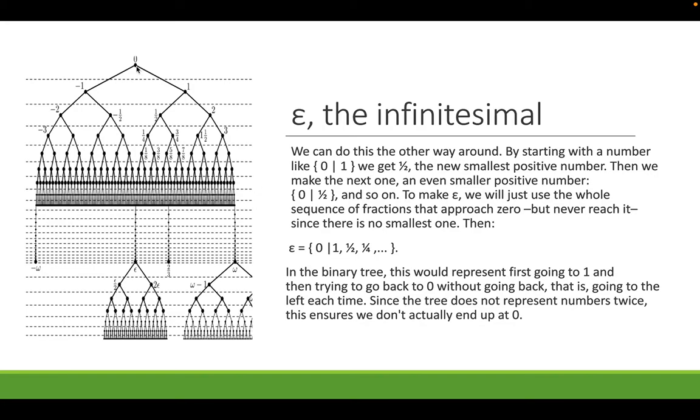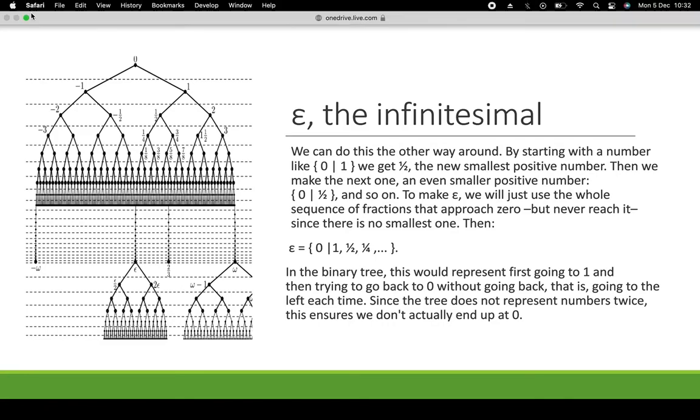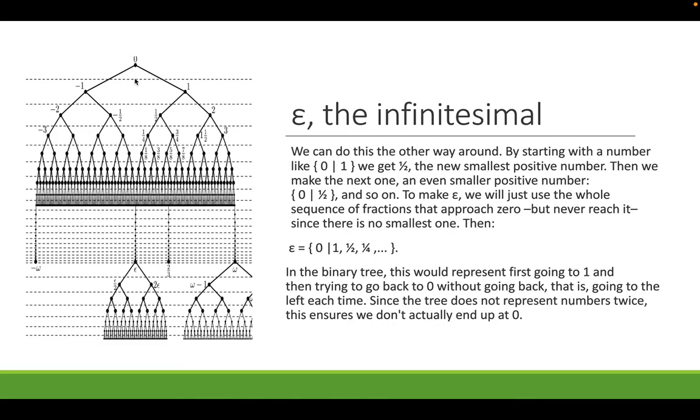So we can do this, but we can only go to the left, so we get to 1/2, 1/4, 1/8, 1/16 will be here, and so on. After infinitely many steps, we would get to epsilon. And you might think, but how about 0? What if we end up at 0? Well, fortunately, the tree doesn't represent any number twice, so this ensures we don't actually end up at 0.